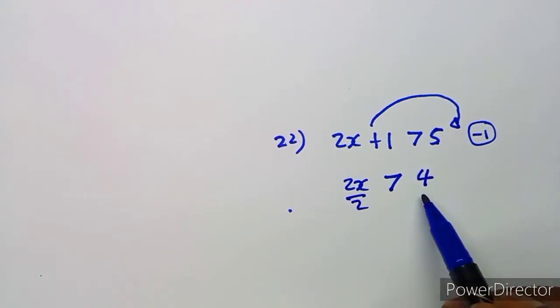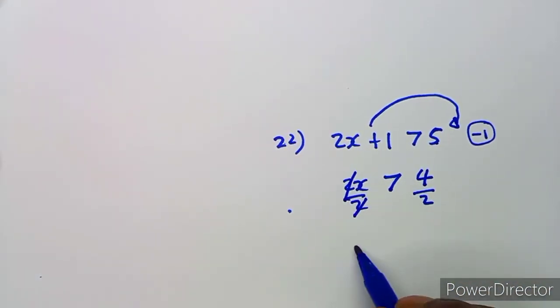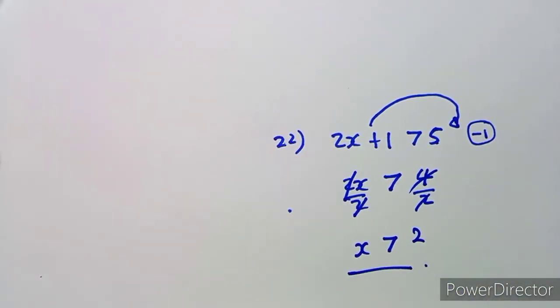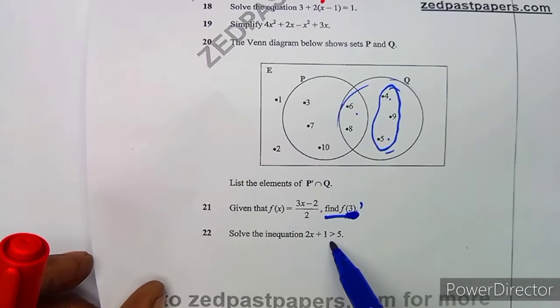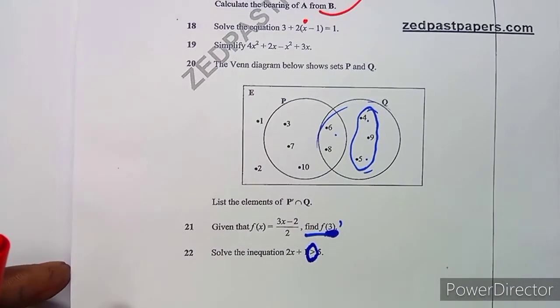I can divide by 2 both sides, since I want to have x, and this is multiplying. So x is greater than 2. Not equal to 2, but greater than. You have to maintain the inequality sign that you're given in between.